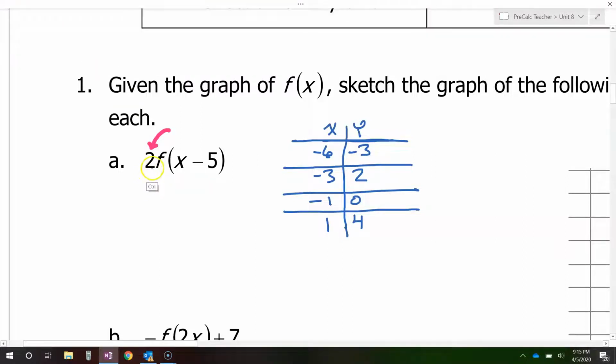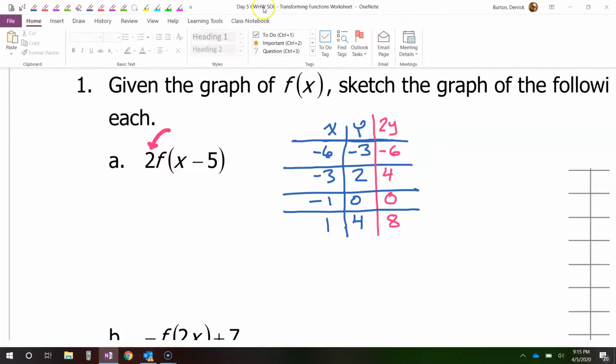So this 2 out here means that we're going to multiply the y values by 2. So we're going to do 2y because of this. So that is going to make -6 and 4. 2 times 0 is still 0. And 8.